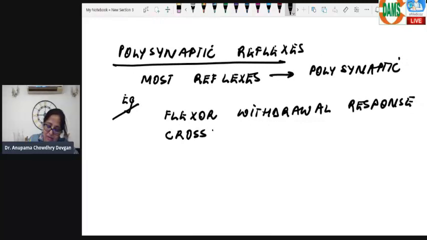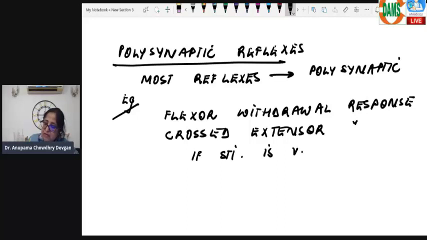Crossed extensor response. Crossed extensor reflex. If stimulus is very painful, this will result in a flexion of that limb.